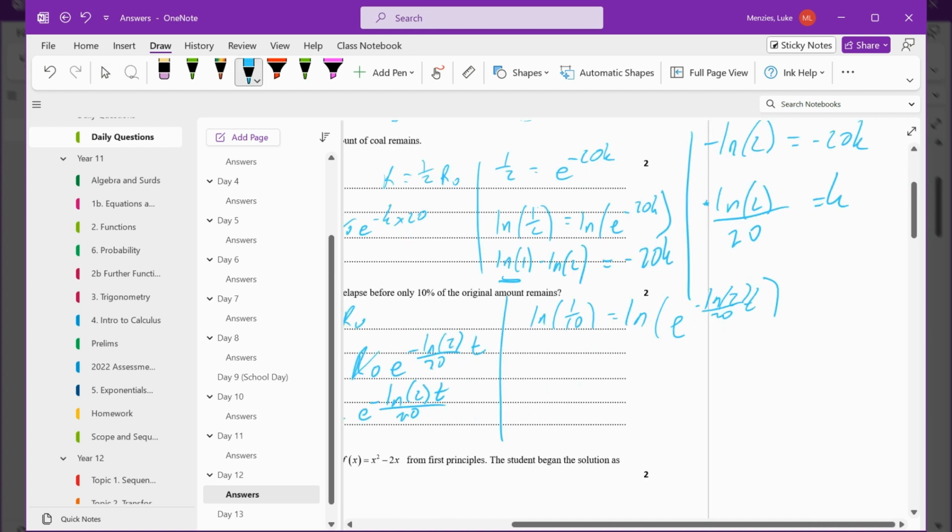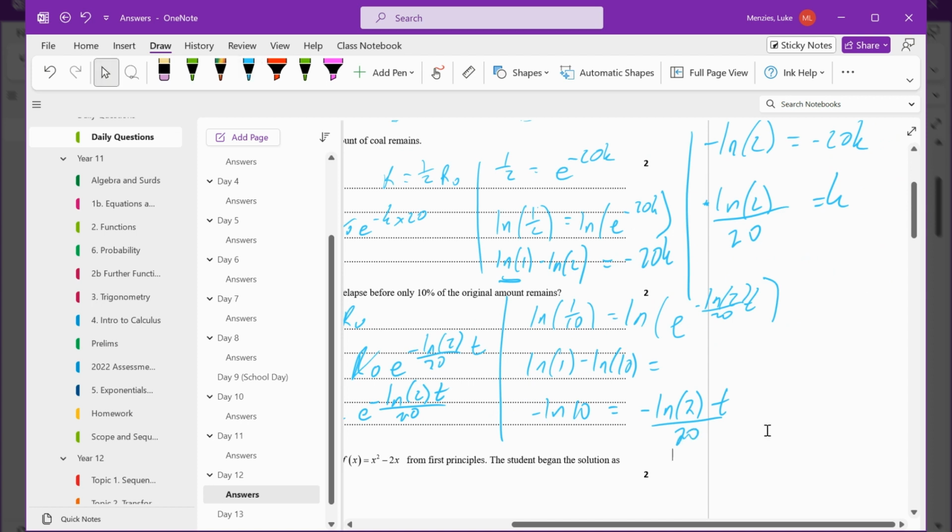The same thing happens with the 1, so that gets broken up: ln of 1 minus ln of 10. And then we've got negative ln of 10 is equal to the negative ln of 2t over 20.